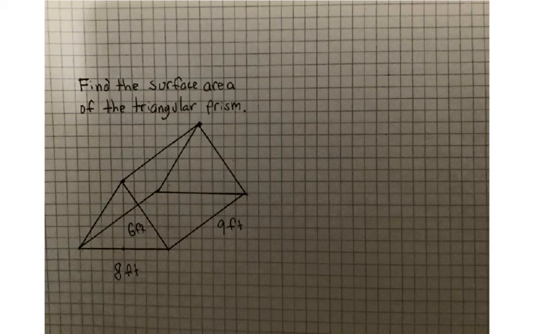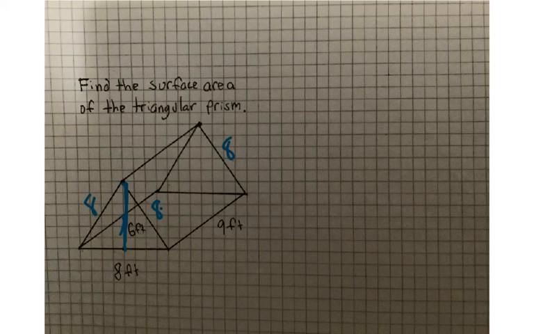In this drawing, this 6 feet right here was meant to represent the height of this triangle. The other sides of this triangle are going to be 8 feet. So this one's 8, this one's 8, and same thing over here. Okay?